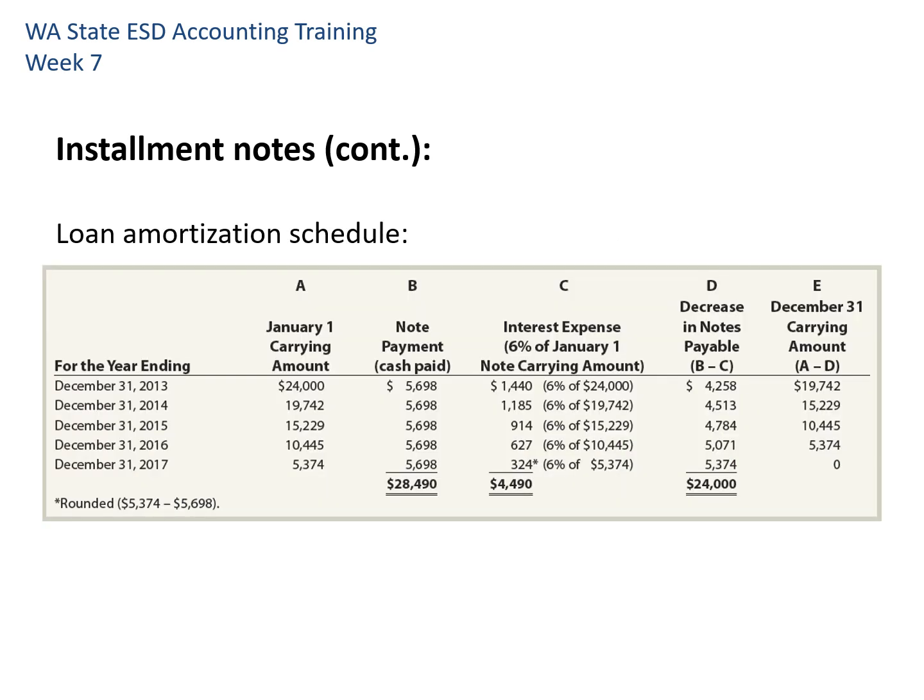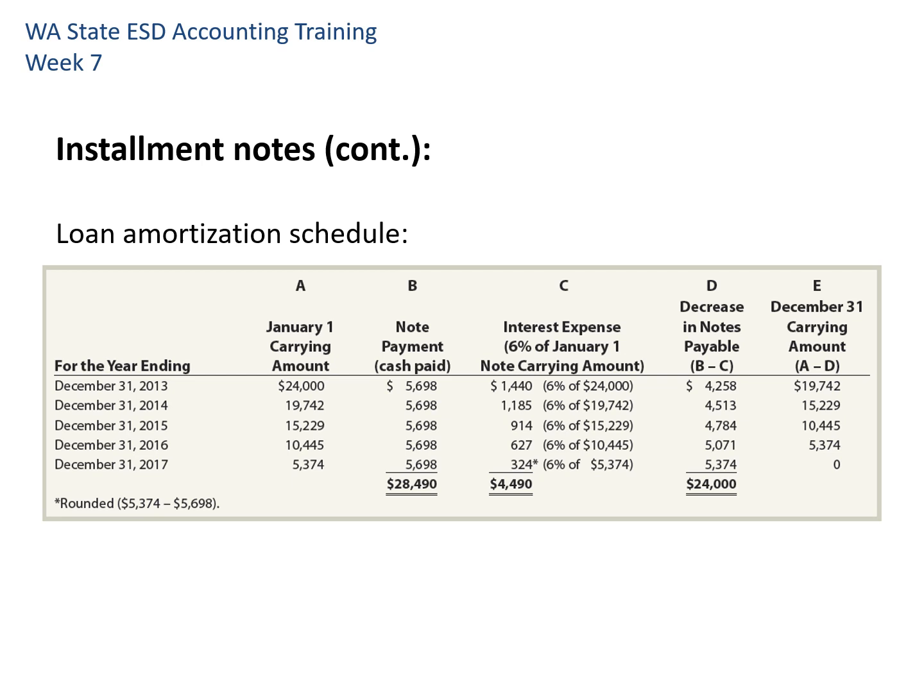And then in order to know what the future entries are going to be, I need to do an amortization table. So that amortization table works as follows. On January 1st, I borrow $24,000. That amount is due for the entire year. So I am going to make a payment at year end of $5,698 on December 31st.